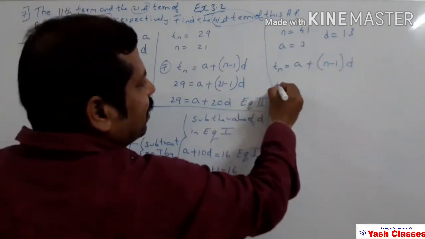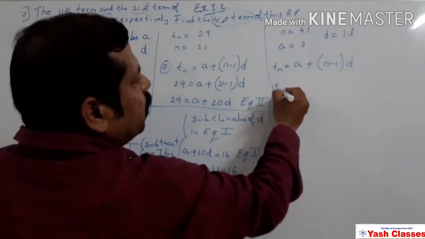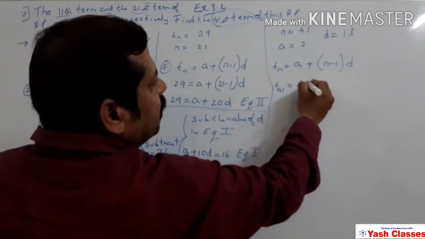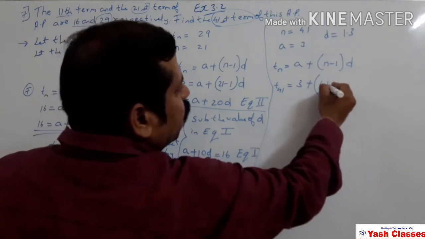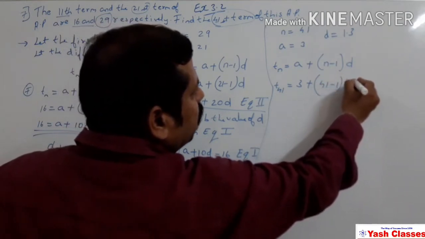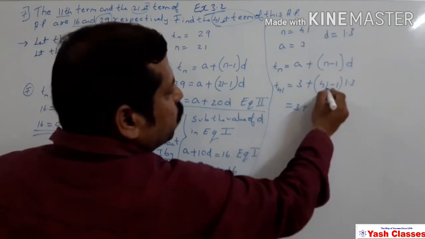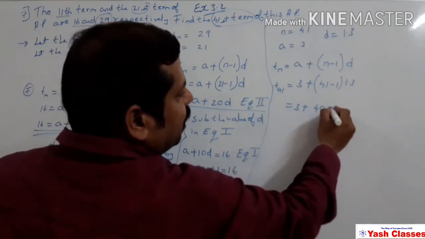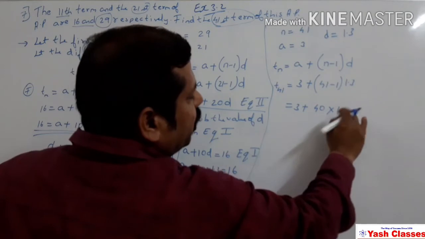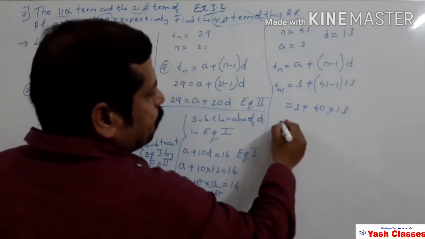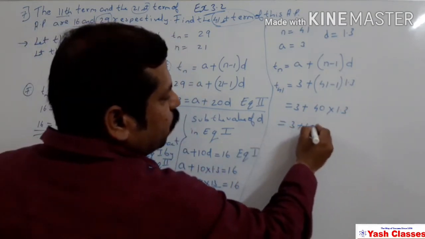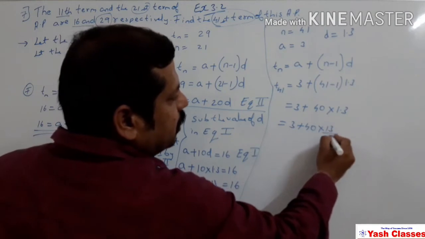Now T41: A 3 plus n 41 minus 1, D 1.3. 41 minus 1 is 40 multiplied by 1.3. 3 plus 40 multiplied by 13 upon 10.